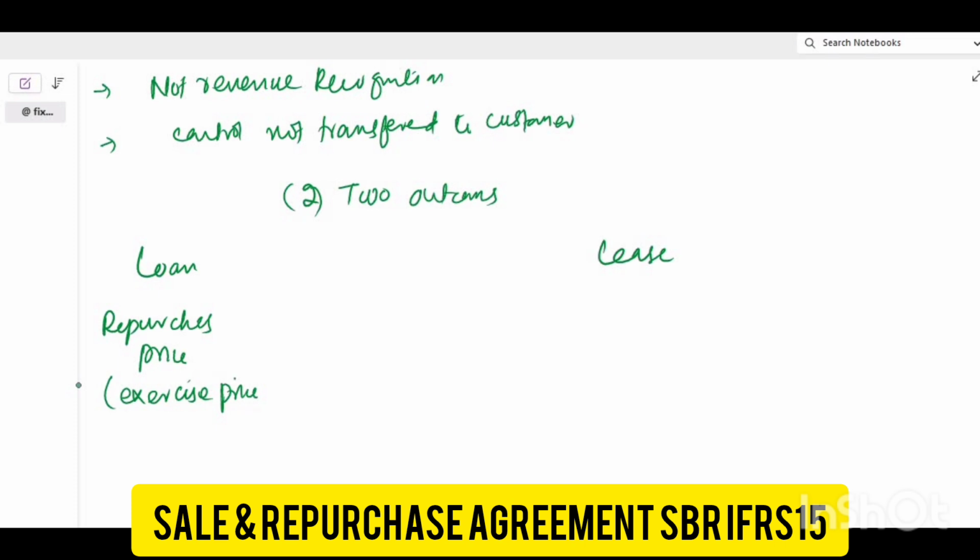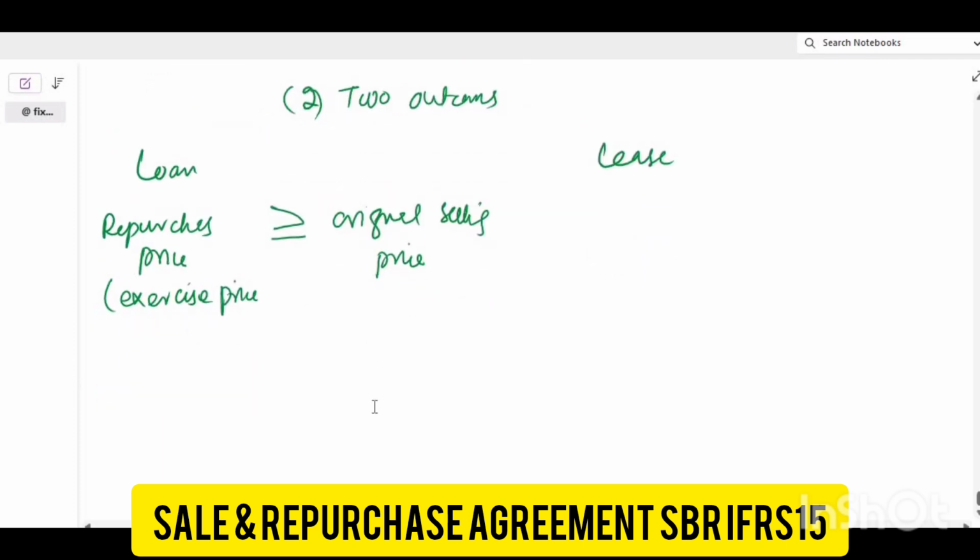If the repurchase price is greater than or equal to the original selling price, then you will count that transaction as a loan. For example, let's say the repurchase price is $1,200, which is more than the original price of $1,000.